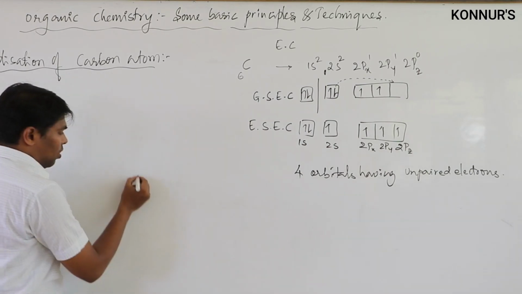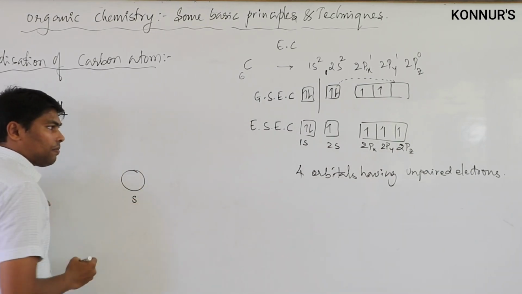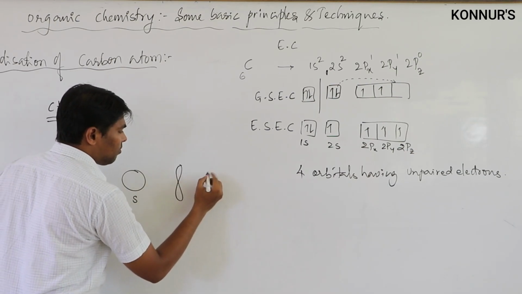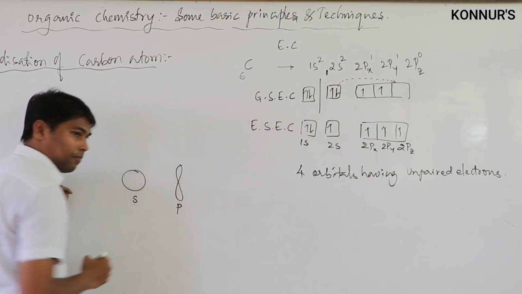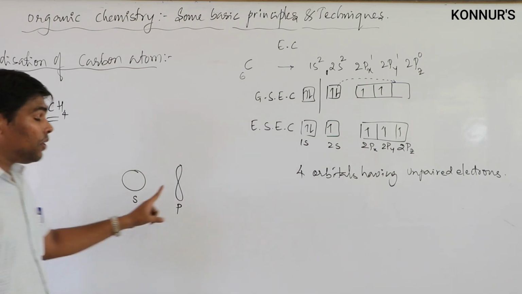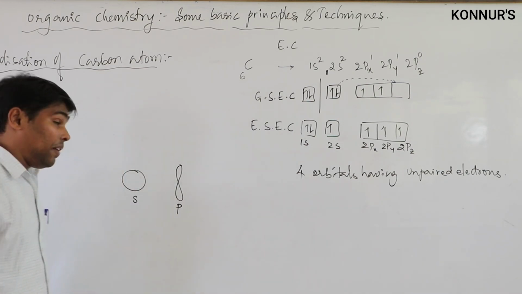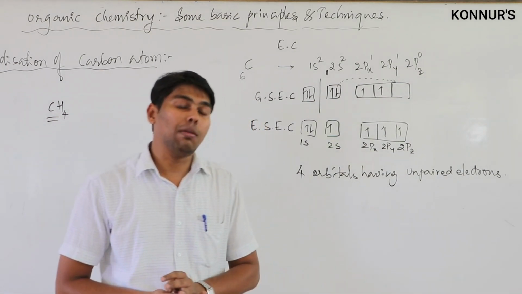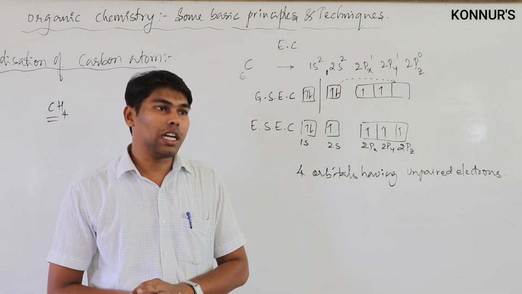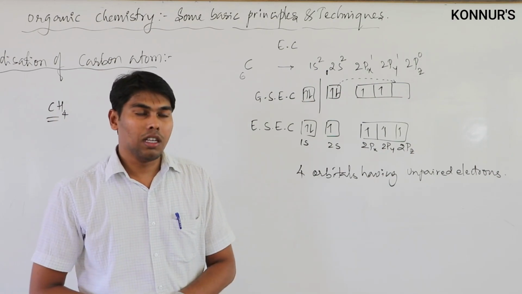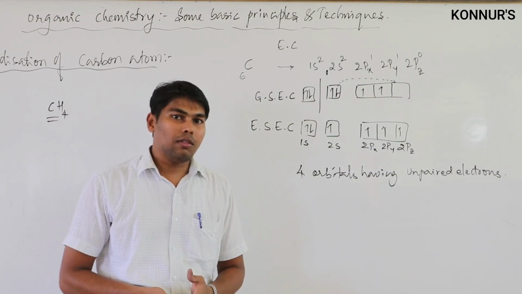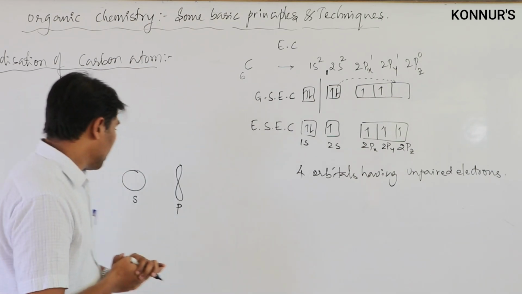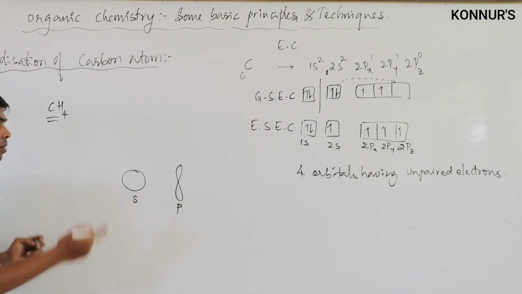This is the s orbital, and these are p orbitals. P orbitals have a dumbbell shape. If it is on the x-axis of the 3-dimensional Cartesian coordinate, that is called 2px. On the y-axis, 2py. On the z-axis, it is 2pz. So, intermixing of orbitals.